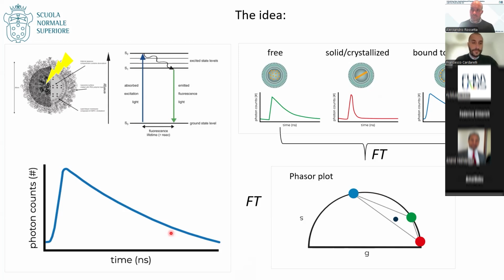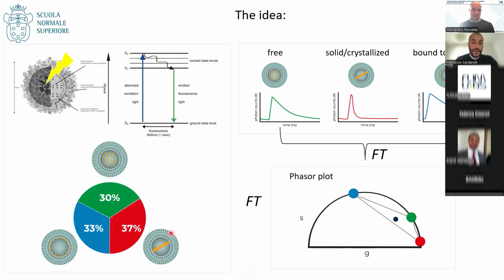Of course, using the phasor approach to fluorescence lifetime in a fit-free graphical manner, as Alessandro said, you can quantify the fractional intensities of these molecular species once you identify them. And thanks to the clever combination with some spectroscopic characterization, you can even measure the molar fractions of the same species.